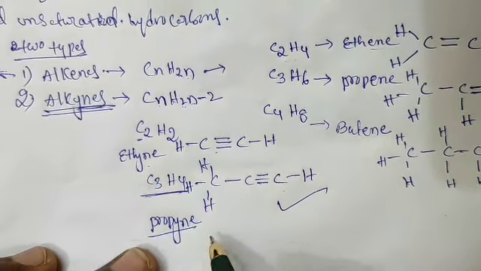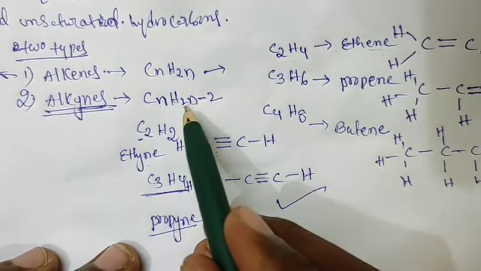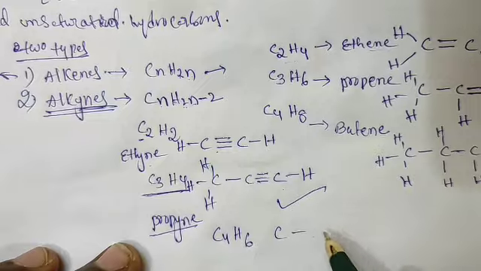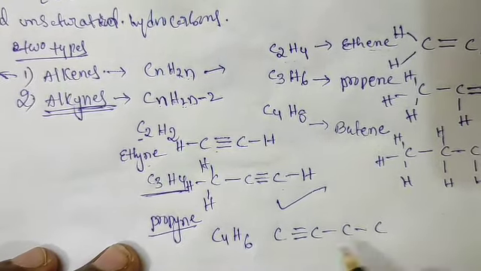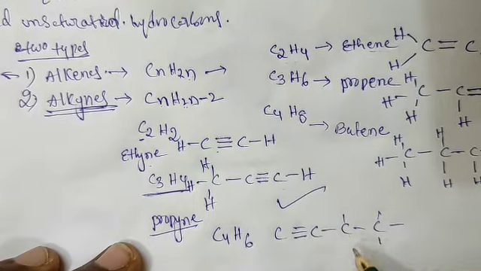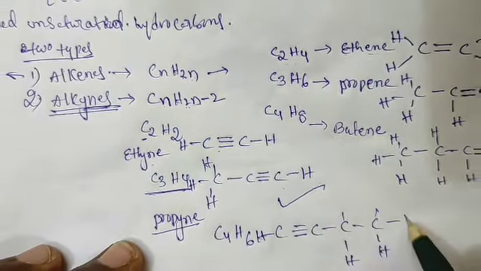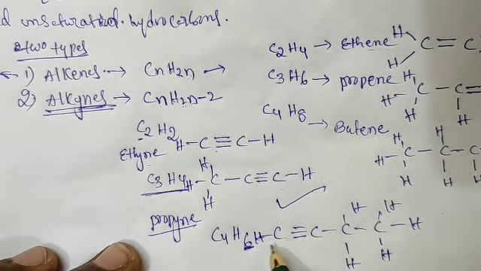Next, instead of 3 we can take 4, C4H, 8 minus 2 is 6, H6. Then 1 carbon, 2 carbon, 3 carbon, 4 carbons, somewhere a triple bond is there. Here 1 hydrogen, so 6 hydrogens total, 6 balanced.